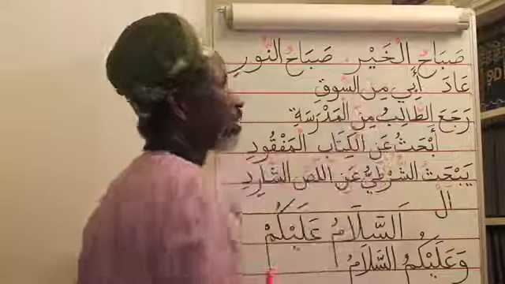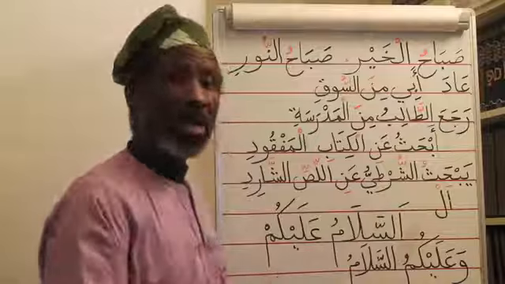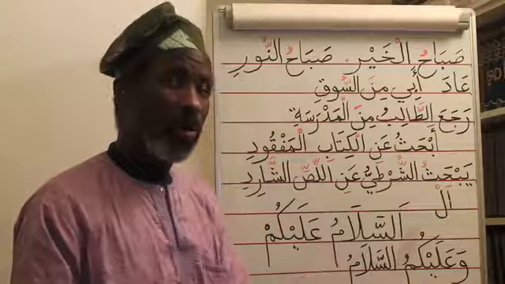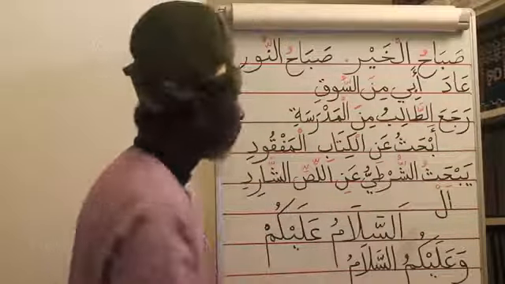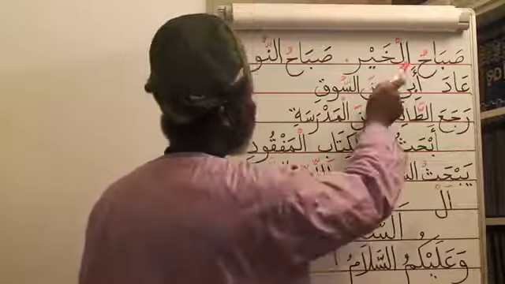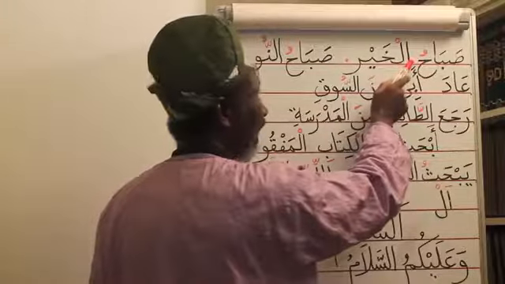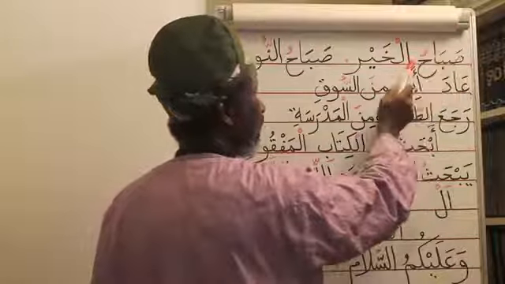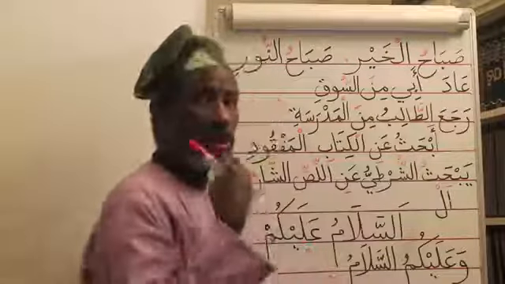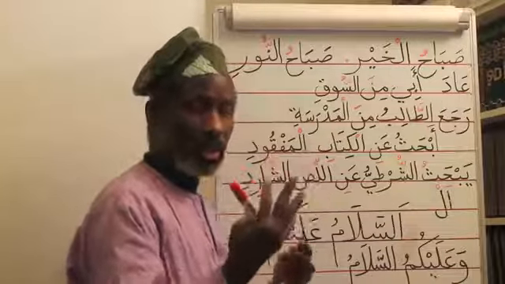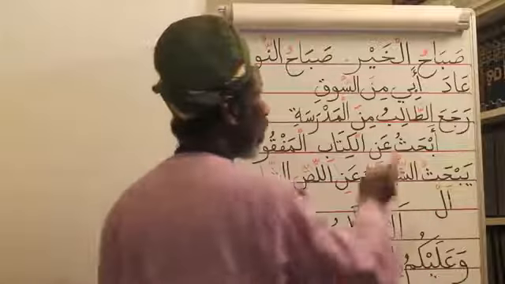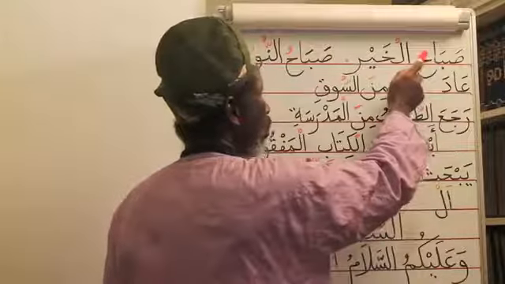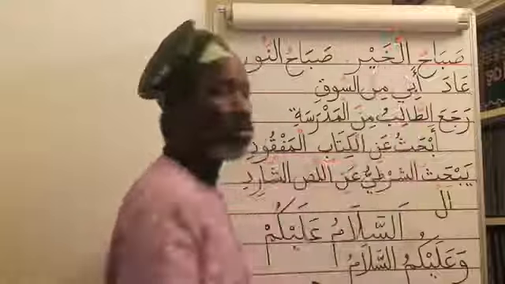Sabahul khair. Sabahul khair, meaning good morning. Note this al-khair, because this alif is not at the beginning, has been suppressed in terms of pronunciation. It's silent, it's not said. Sabahu, this hu is the nearest to the sukun on the lam.